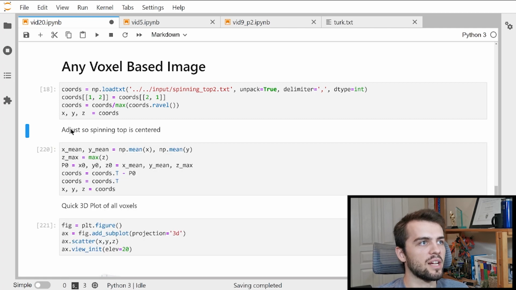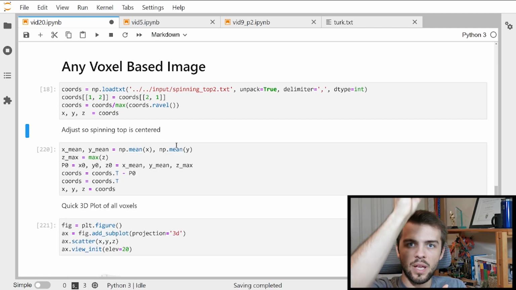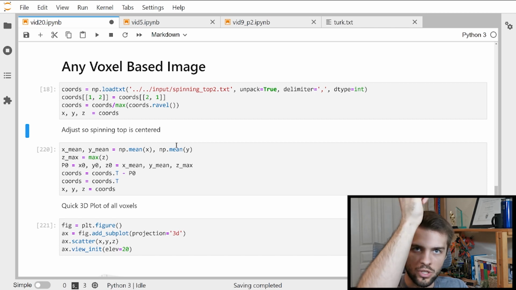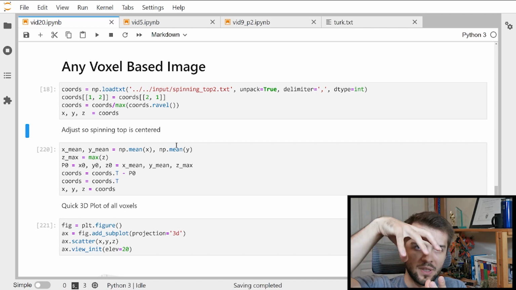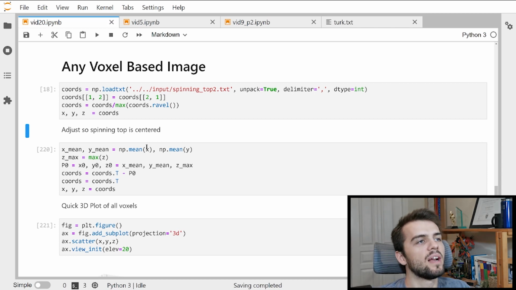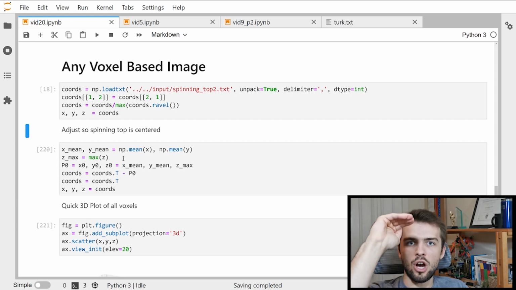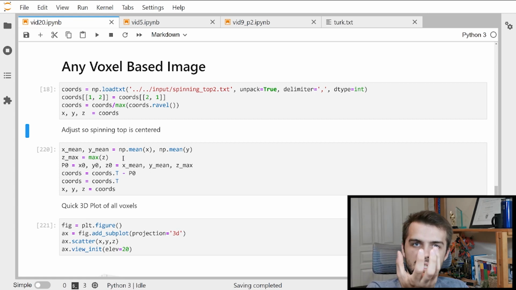And so what I do is I adjust it so the spinning top is centered, so that xy equals 0 corresponds to the center of the spinning top on the z-axis. And I make it so that the bottom of the spinning top is at z equal to 0.